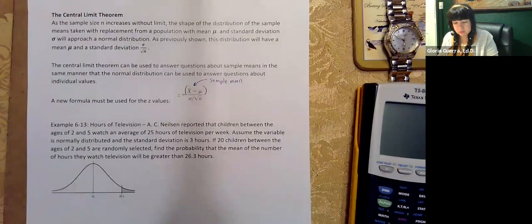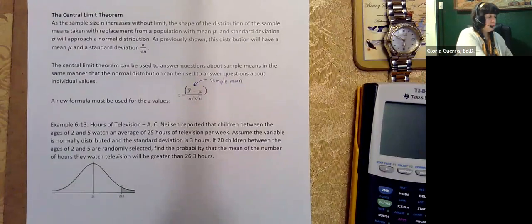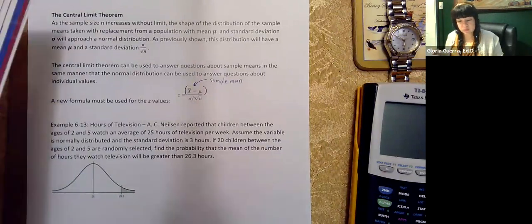And let's see, let me look at my book. I don't have that other page. This is 6.3.